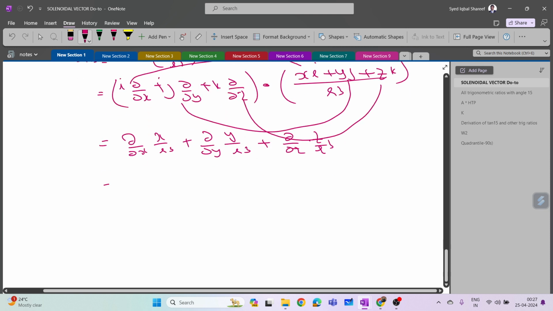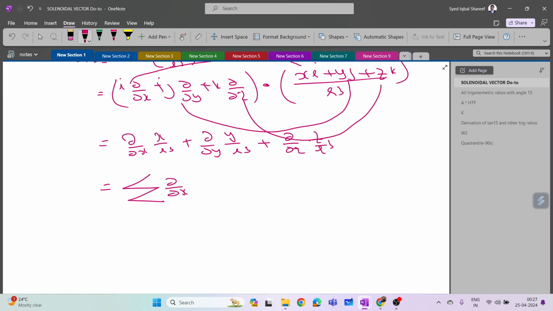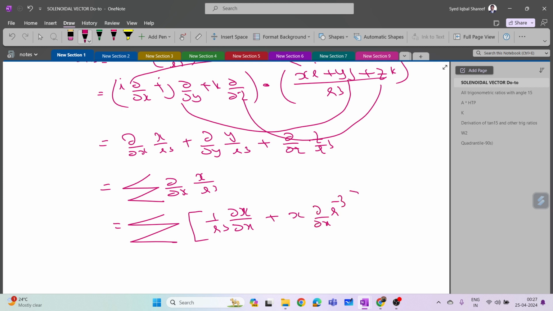So now I am writing just summation ∂/∂x of x/r³. Now summation keep as it is, 1/r³ as it is, ∂x/∂x, x as it is, ∂/∂x of r^(-3).